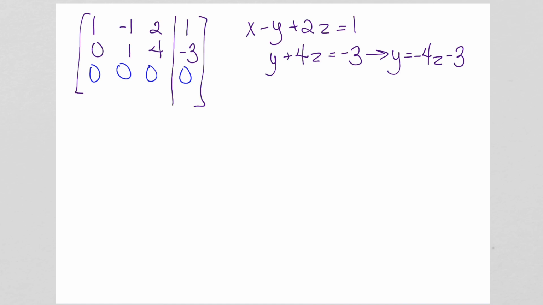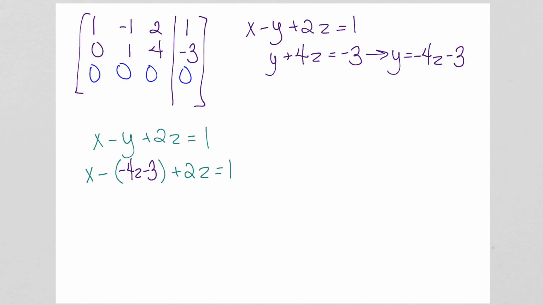Okay. Once we do that, if we plug it into the first equation, so here's the first equation. I'll make it a different color. And we're going to plug in our negative 4z minus 3.